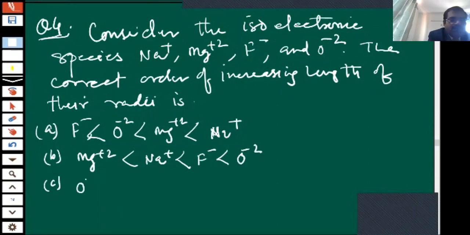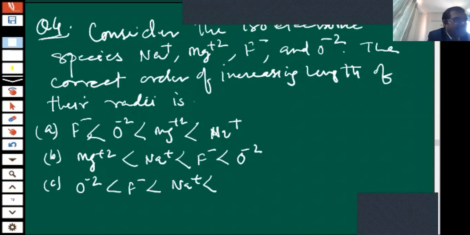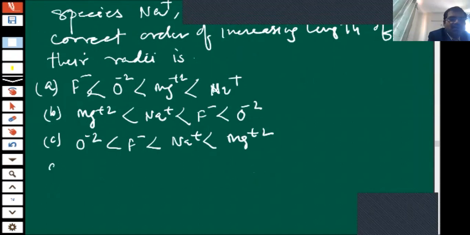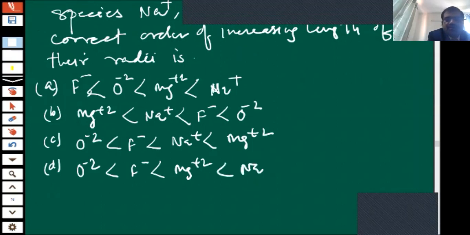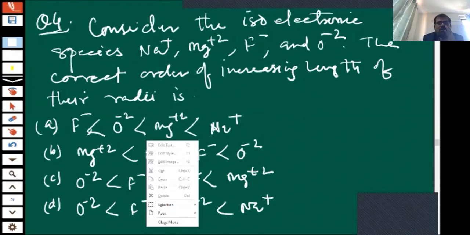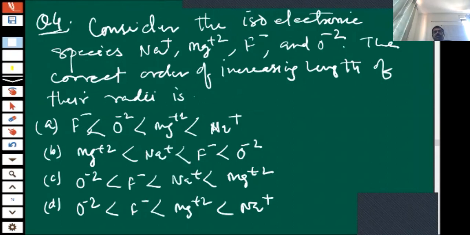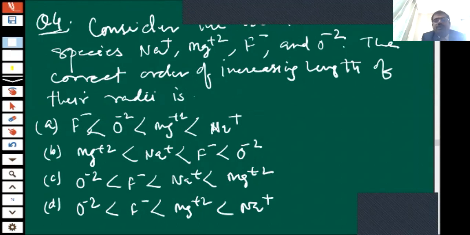Option C: O-2, F-, Na+ and Mg+2. And option D: O-2 is smaller than F- is smaller than Mg+2 is smaller than Na+. These are the options and this is the question. Now solve on your own. Take your 2 minutes.